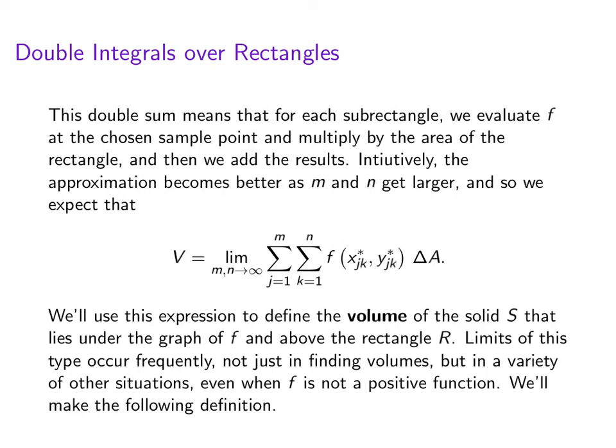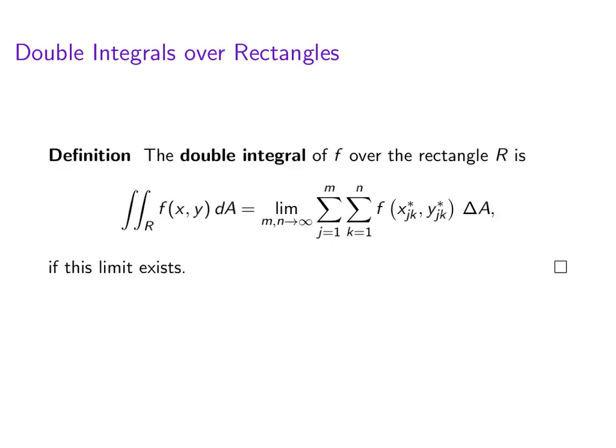So we'll make the following definition. We're going to say that the double integral of f over the rectangle R is this guy here, the limit as m and n approach infinity of the double sum of the volumes of each rectangular column, provided this limit exists.